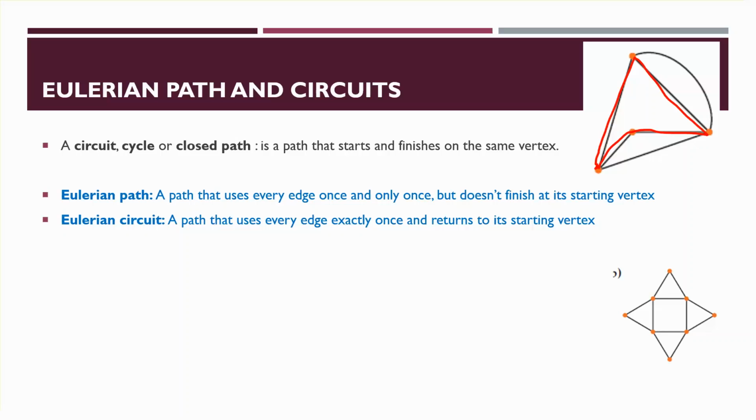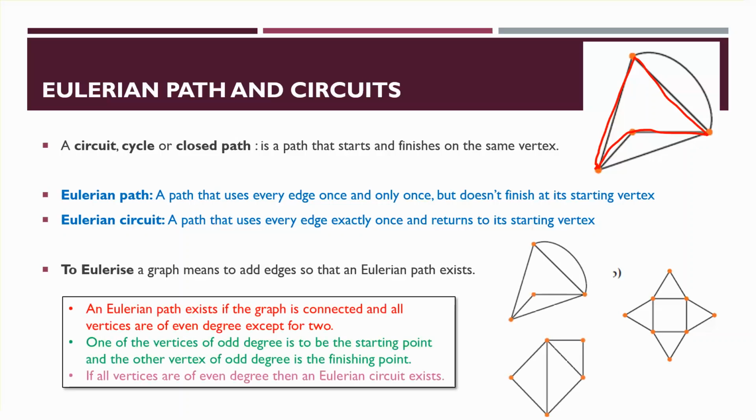Another thing you need to know is that to Eulerize a graph means to add edges so that a Eulerian path exists. You're going to get some questions surrounding that. And whilst we're going through these examples, there are a few things we need to know straight away to do with Eulerian paths and circuits as well.